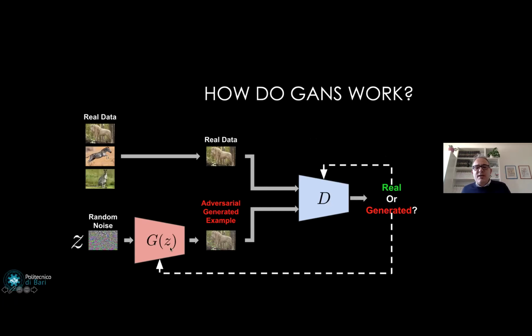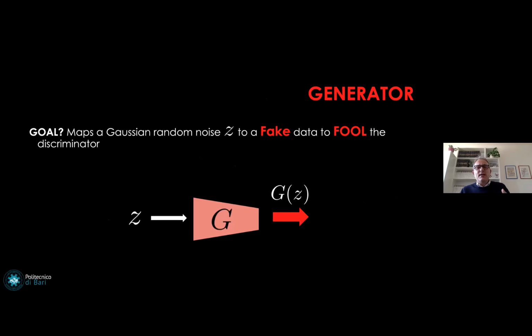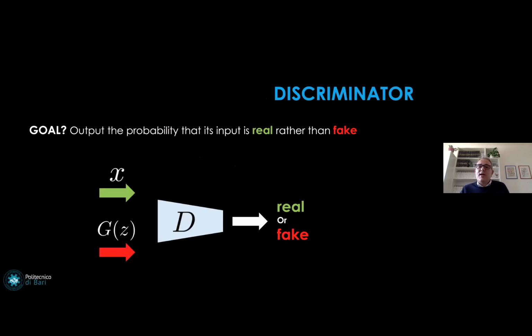The generator tries to generate samples which are as similar as possible to real samples, and the discriminator must be able to discriminate between real samples and generated ones. So the generator maps Gaussian random noise to fake data to fool the discriminator, and at the same time, given the input, the discriminator must be able to say, okay, this is an input coming from the generator, or this is an input coming from real data.